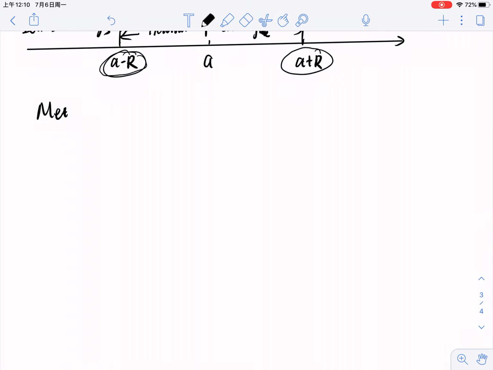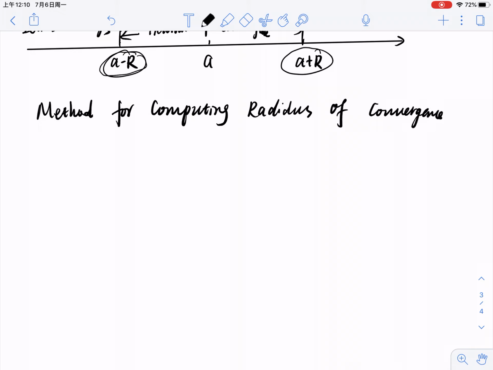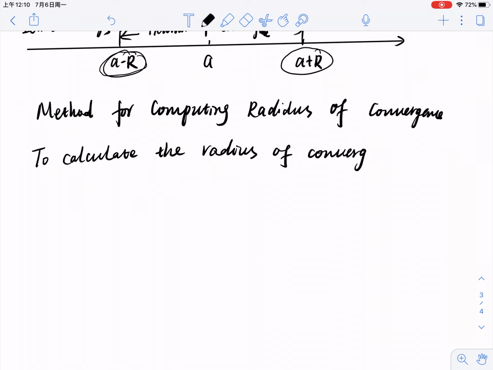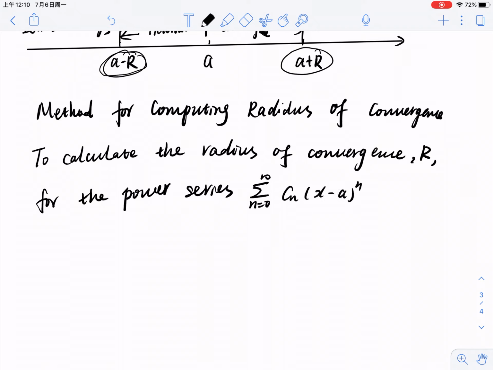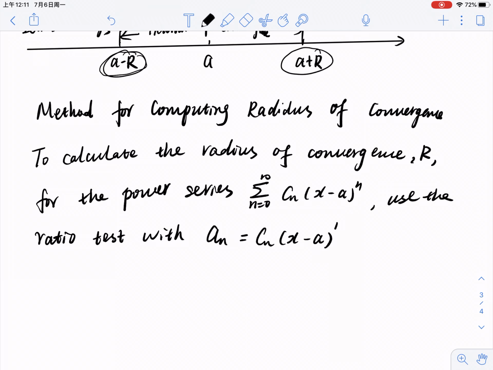So we have the following method for computing the radius of convergence R for the power series: use the ratio test with a_n = c_n (x − a)^n.